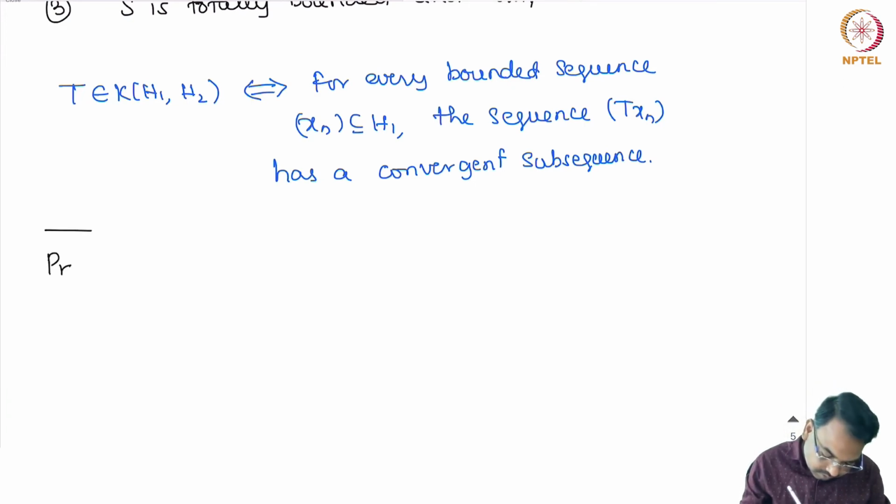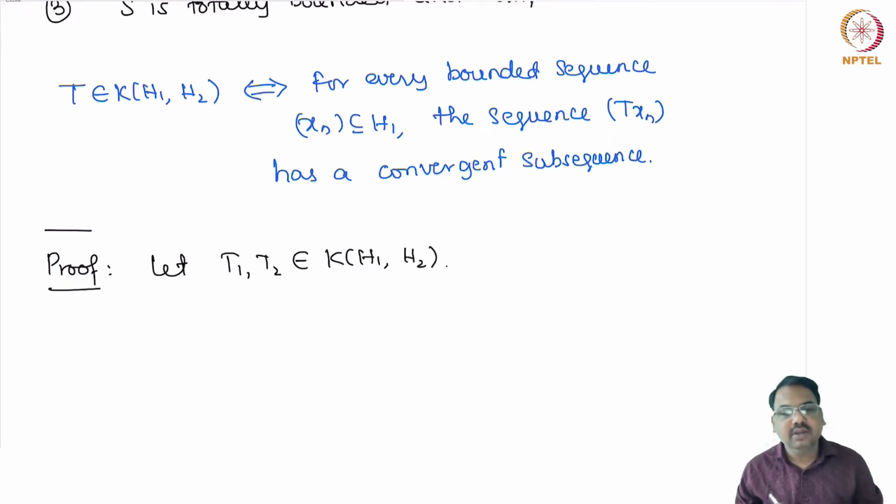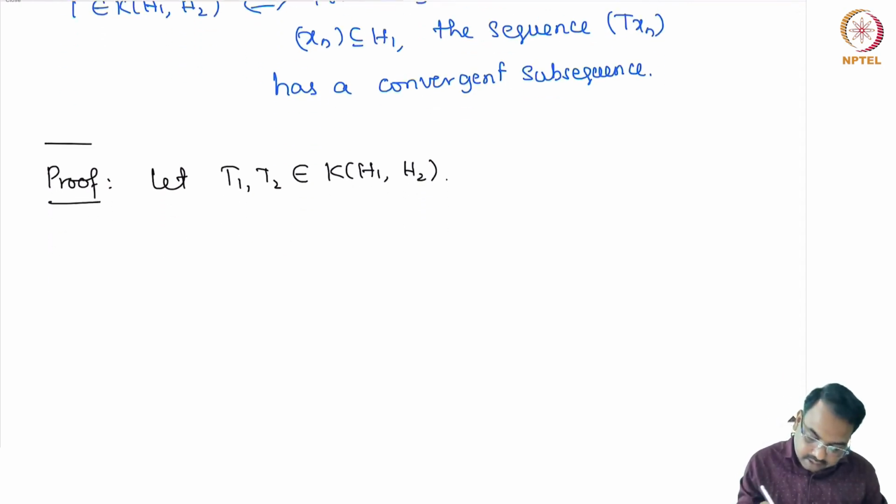Okay, now we want to show that T1 plus T2 is compact. So let T1, T2 be compact. We want to show that given a bounded sequence Xn, T1 plus T2 at Xn has a convergent subsequence. Let Xn be a bounded sequence.